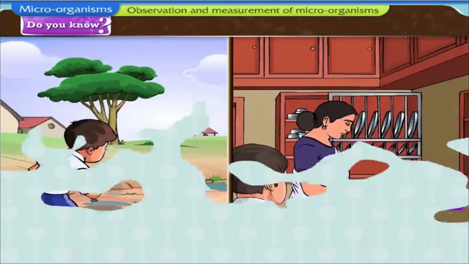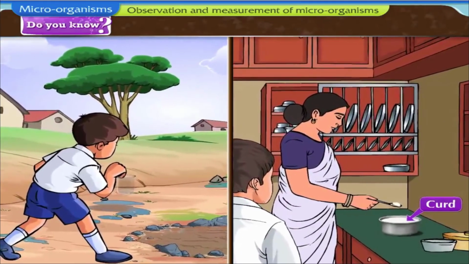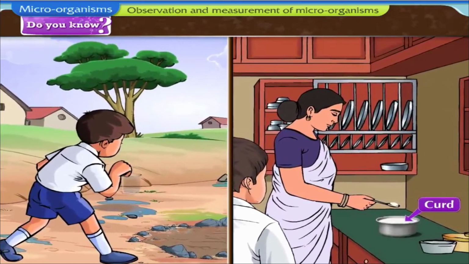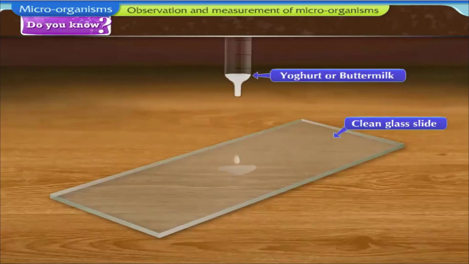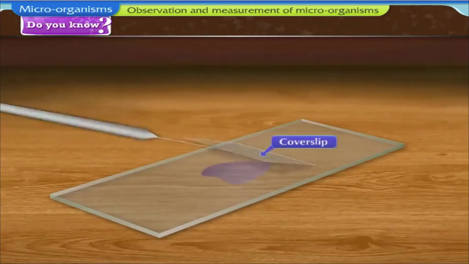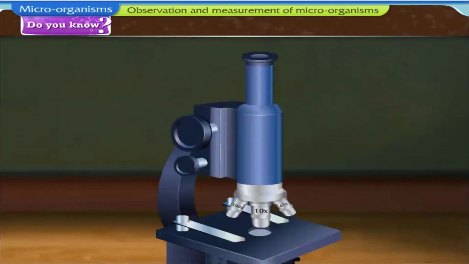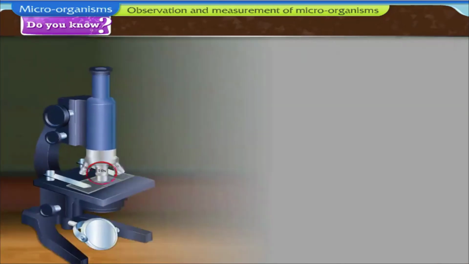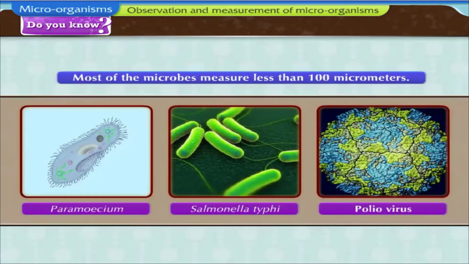Do you know? We cannot see objects smaller than 100 micrometers in size with naked eyes. Therefore, we make glass slides of microorganisms and observe them under a microscope. Most of the microbes measure less than 100 micrometers.